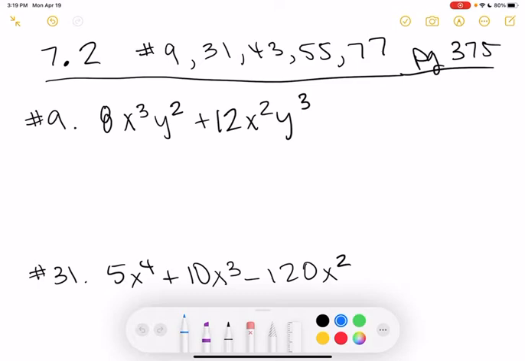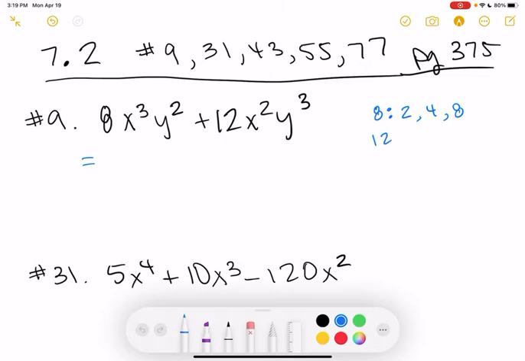Moving on to 7.2, problem number 9. First thing we want to do is look for a common factor. So between 8 and 12, try to think of the highest number that would go into both of them. If you have a hard time doing that, you can list off all the factors on the side. So like 8, what goes into 8? 2 would work, 3 would not, 4 would, 5 no, 6 no, 7 no, 8.